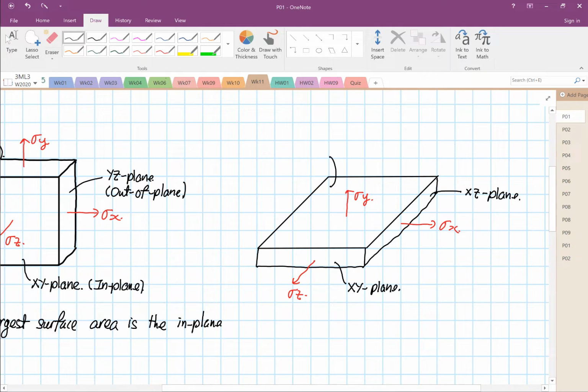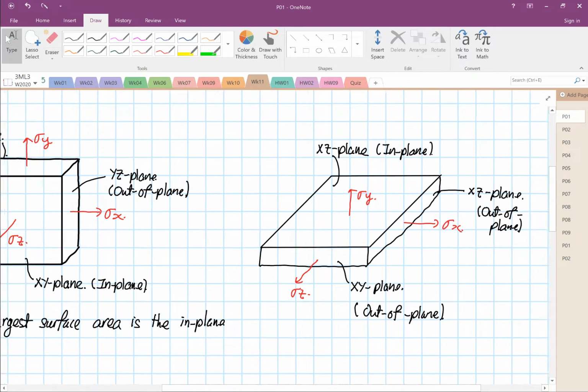And finally, this is our XZ plane. So the one with the largest surface area, this is our in plane. And this is our out of plane. And this is also our out of plane. Okay, so now we are clear which is in plane.